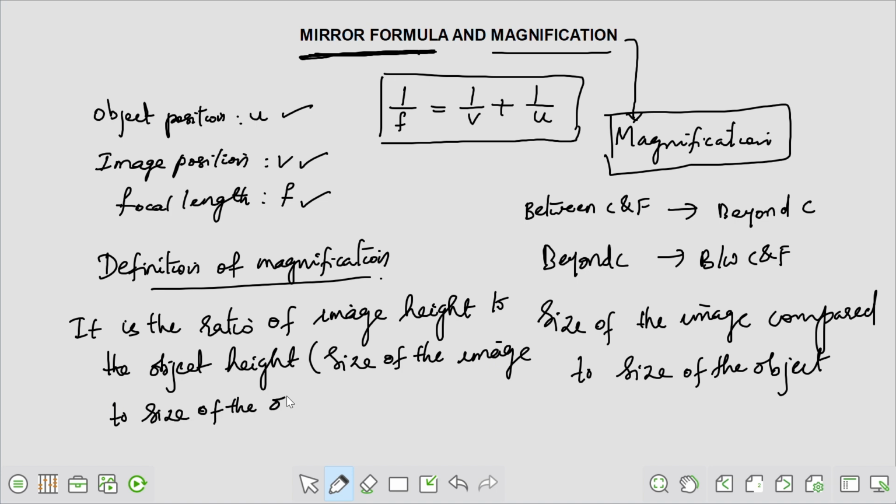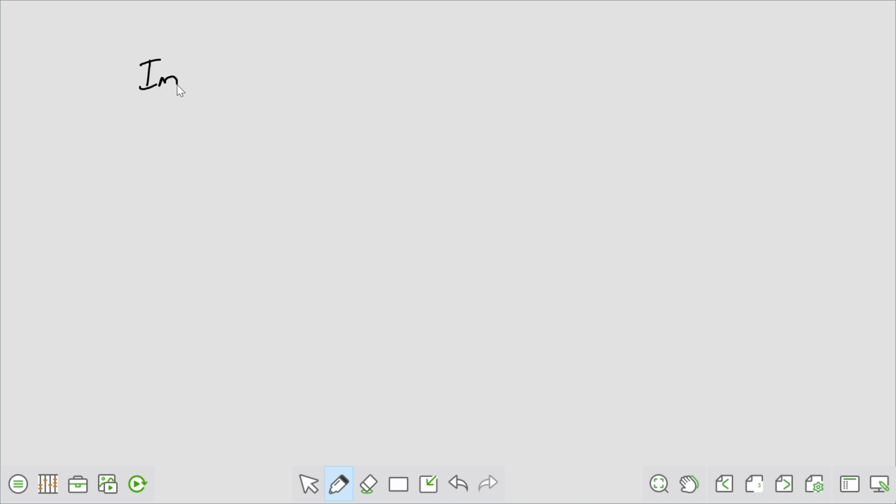Ratio of size of the image to size of the object, that is also fine. Image height is denoted by the letter HI. Object height is denoted by the letter HO, or we say size of the image, size of the object. Now magnification is denoted by M.